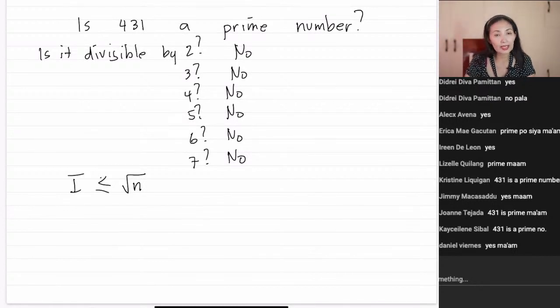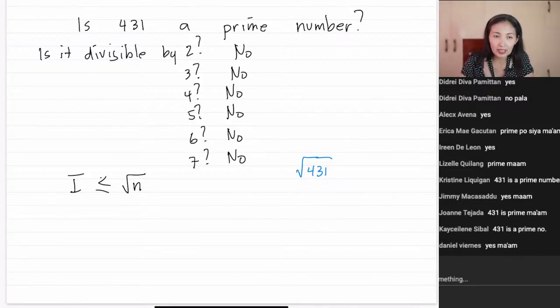So how do we test whether a very large number is prime or not? Get its square root. So we take the square root of 431. Get your calculators and extract the square root. The square root of 431 is equal to 20.76.